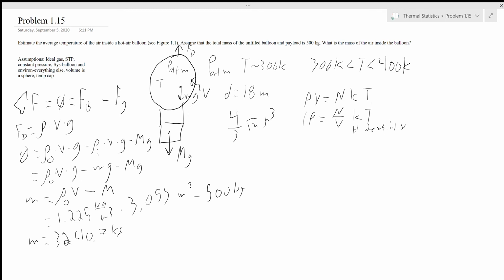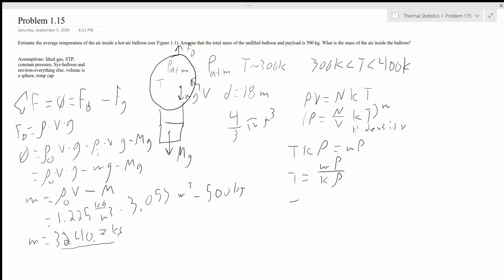So if I multiply all this by mass, I get T times k times the density equals mP. So that means I have T equals mP over k times density. Now this density is the density of the inside gas, which I can find by dividing the mass by the volume.